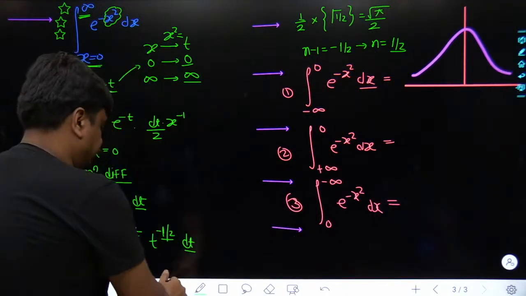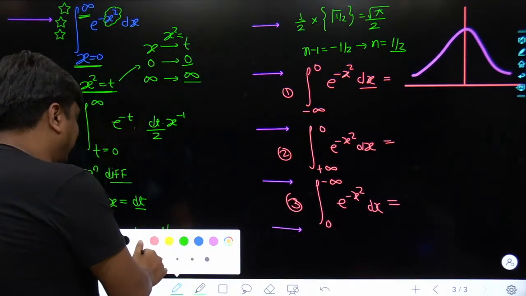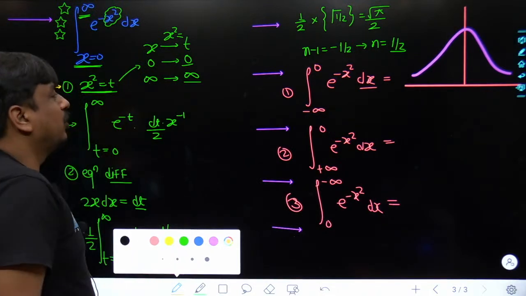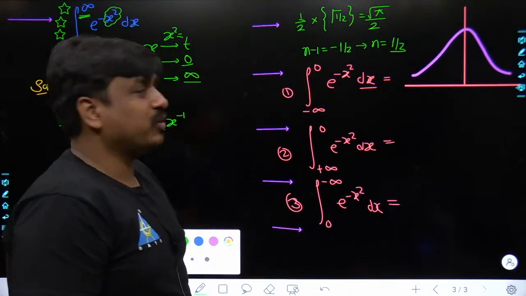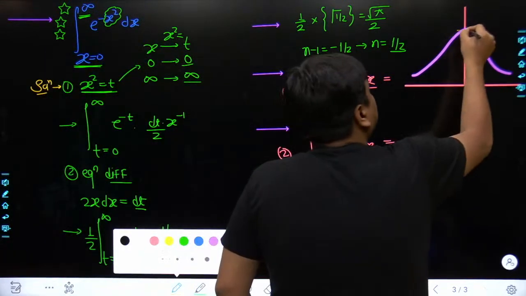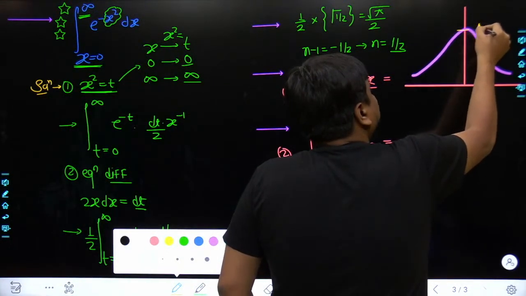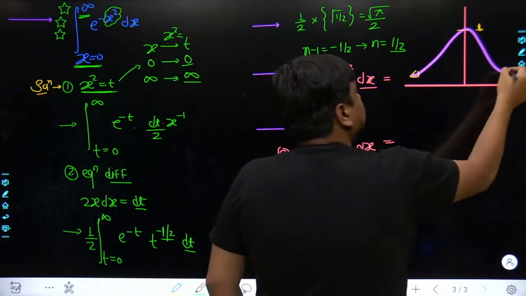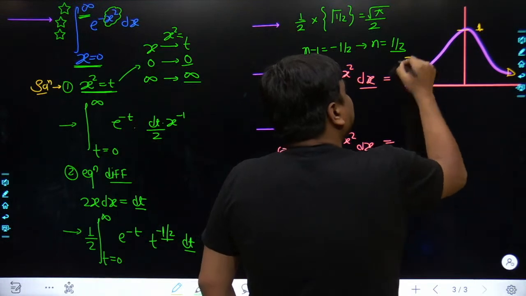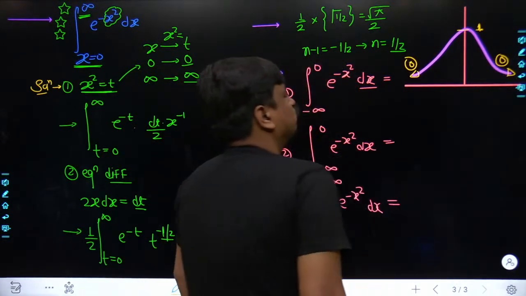Do you know what its maximum value would be and when it would occur? Obviously, its maximum value would occur at x equal to 0, which becomes e to the power of 0, and e to the power of 0 is nothing but 1. And as you move away from x equal to 0, it would continuously decay, obviously in a symmetric fashion. It would try to land up at 0.